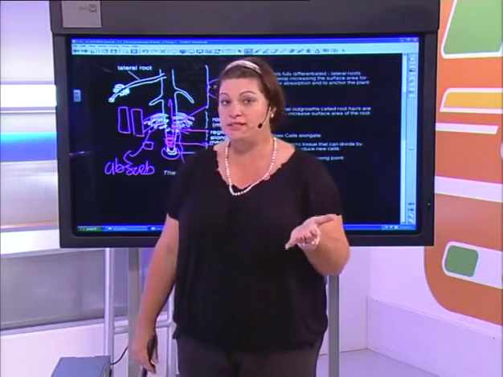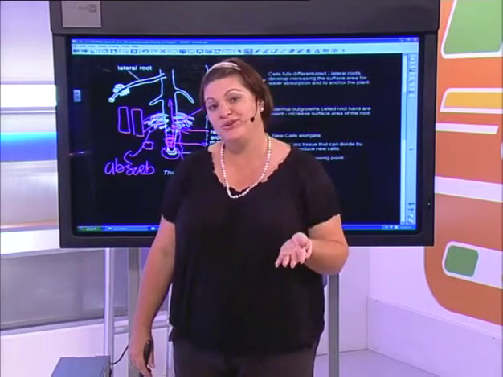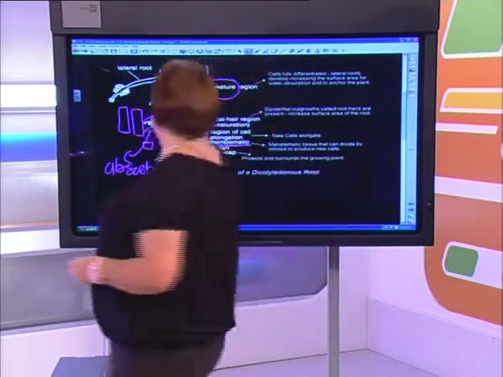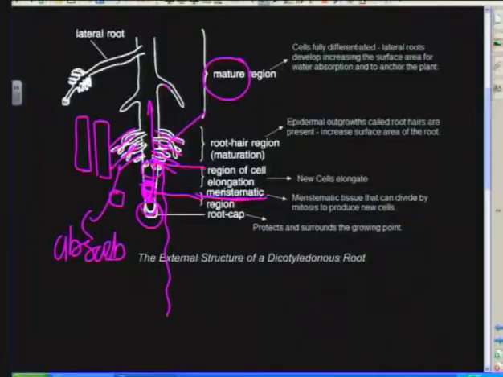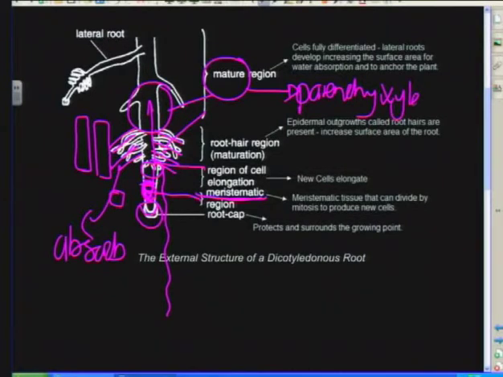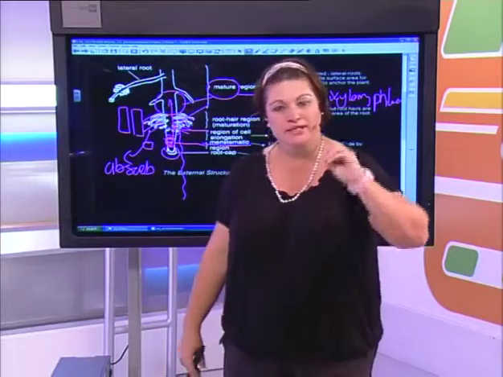So what permanent tissue do we find in our root? What are we going to find in this region over here, my mature region? All my plant tissues. I'm going to find parenchyma. I'm going to find xylem. I'm going to find phloem. Those tissues are my permanent tissues.